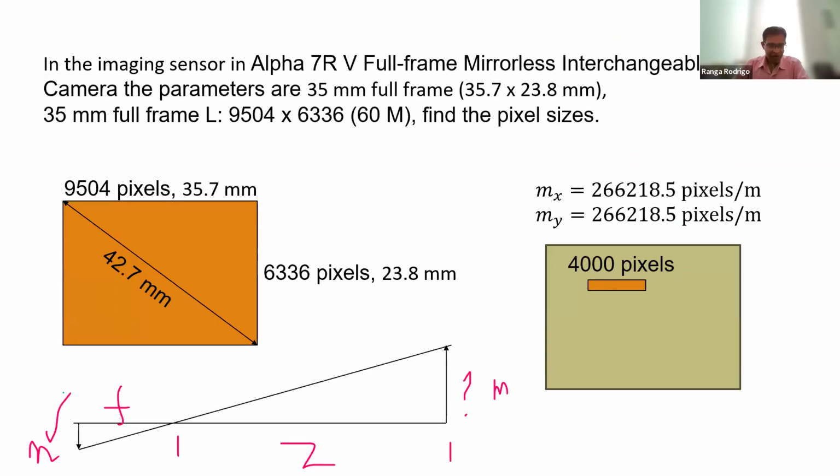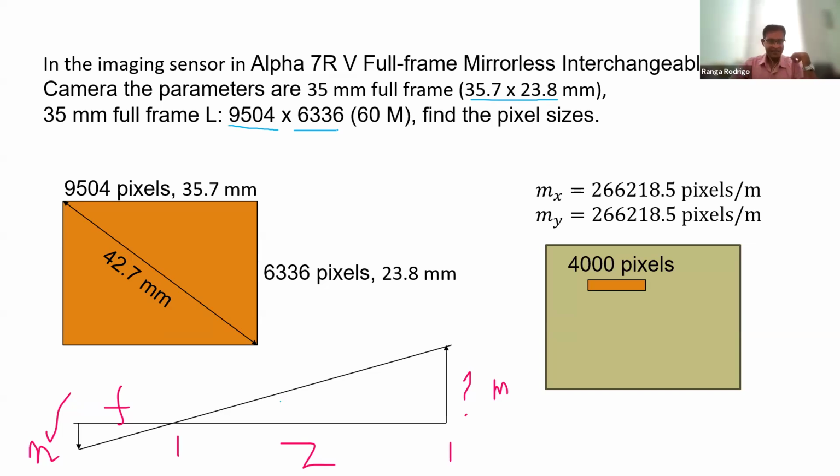Okay, let's do a small question. In the imaging sensor of the Alpha 7R V full frame mirrorless interchangeable lens camera, the parameters are 35 millimeter full frame. That means 35.7 times 23.8 millimeters is the width and the height. 9,504 pixels times 6,336 pixels, 60 megapixels.